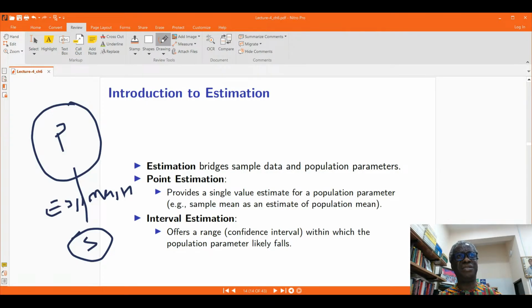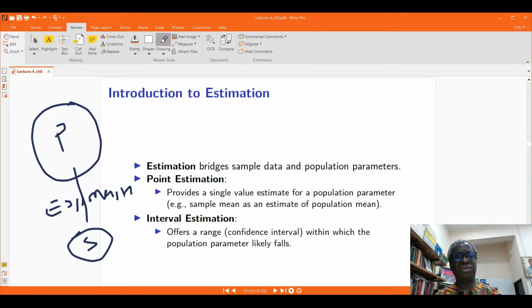You use the sample to get a value, or sometimes a range of values, to help us to know about the unknown population parameter.